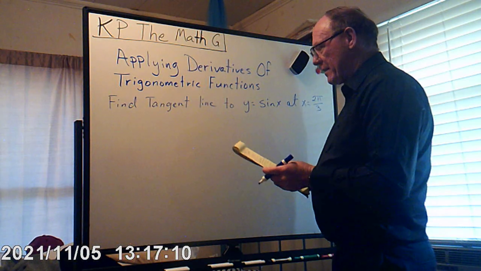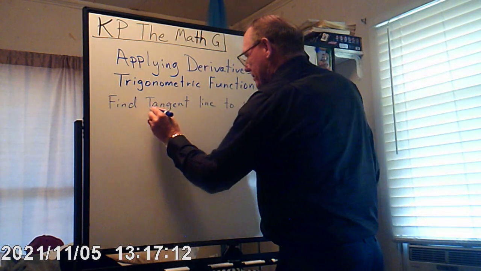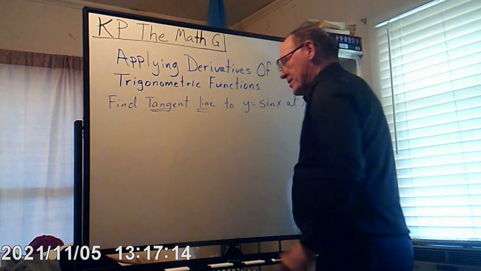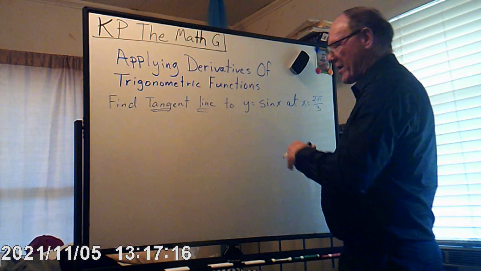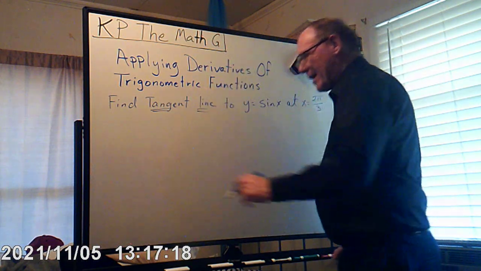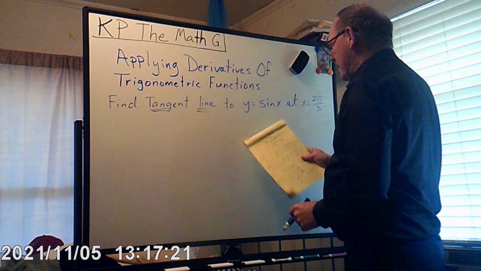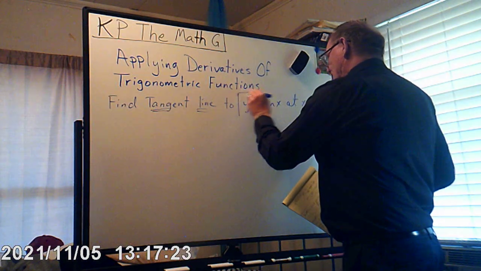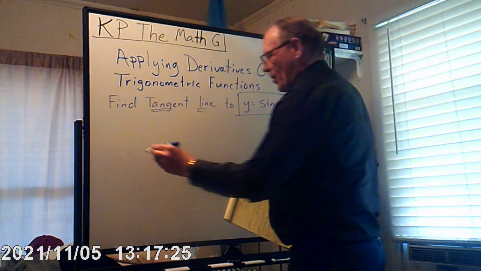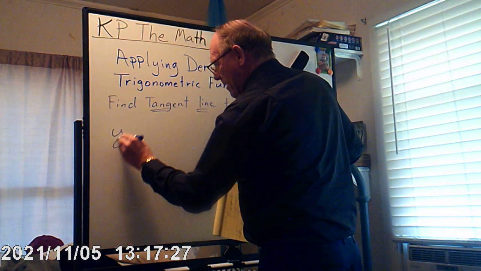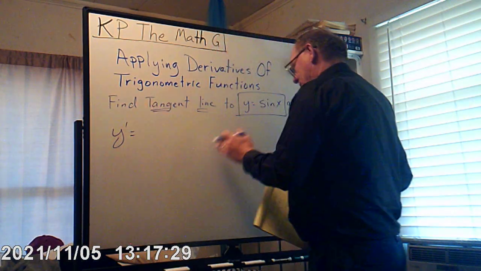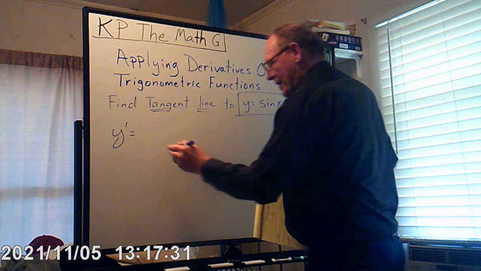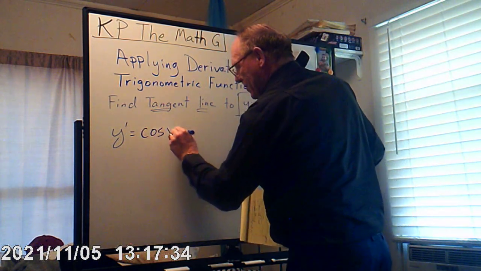Alright, so the tangent line, we need to find the derivative. Whatever the curve is, we're going to find the tangent line to the curve. So we need to find the derivative of this. Then y prime, if we're talking about the derivative of sine, that's definitely just cosine.